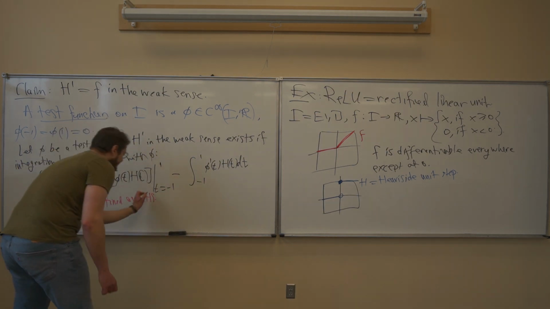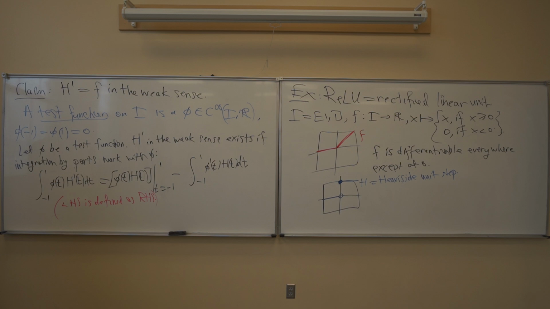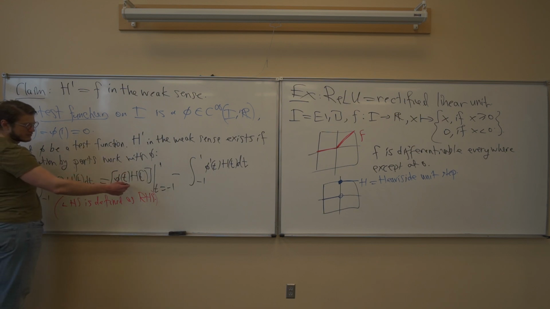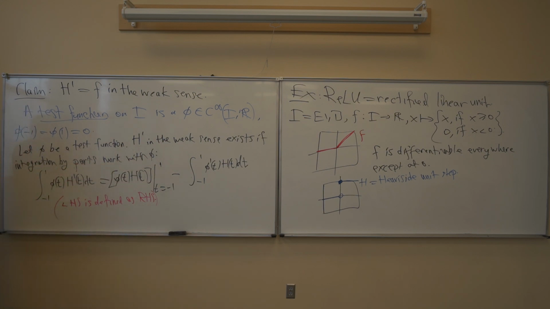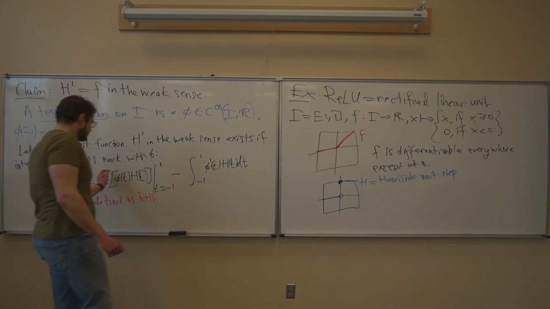But you see, this is the benefit of choosing vanishing boundary conditions, because I know that phi of 1, no matter what h is, is going to be 0, minus phi of -1, is going to be 0, so that this part is going to vanish. Okay, so this is 0.